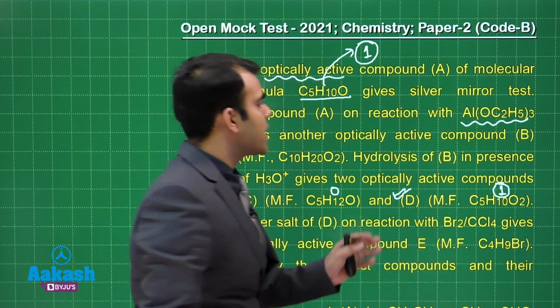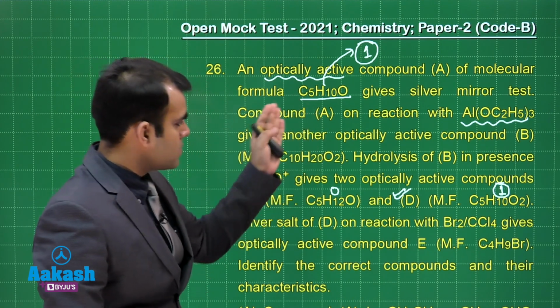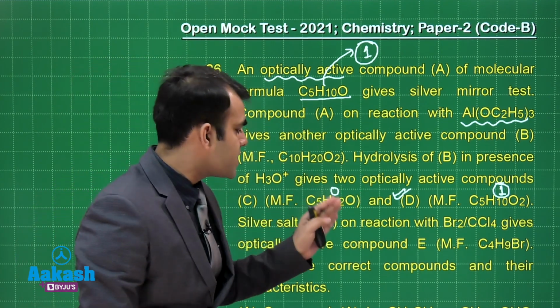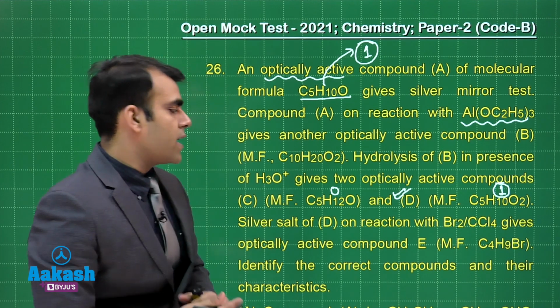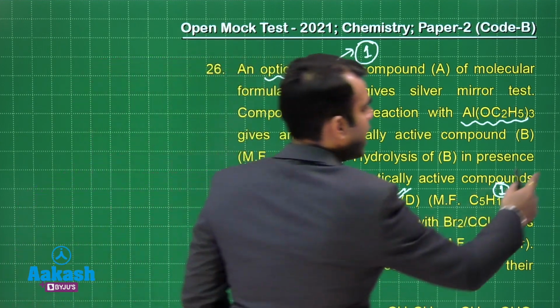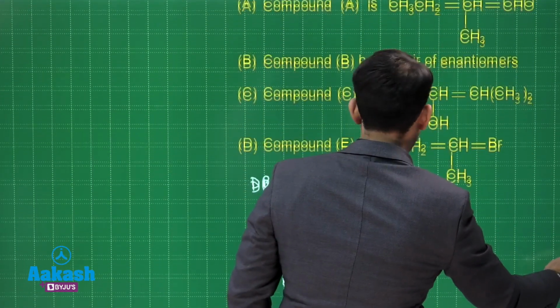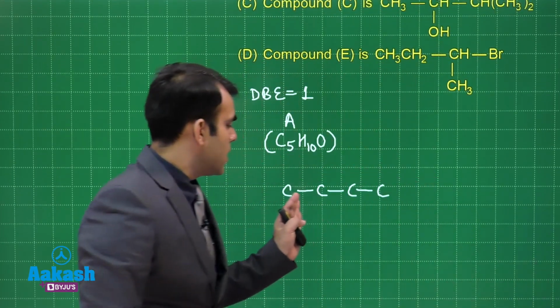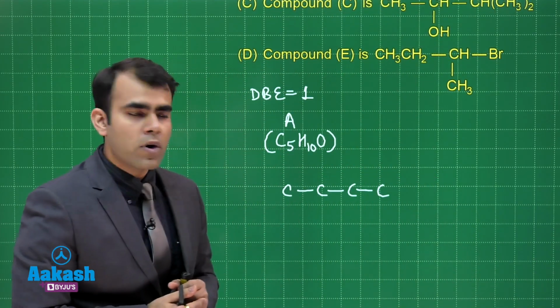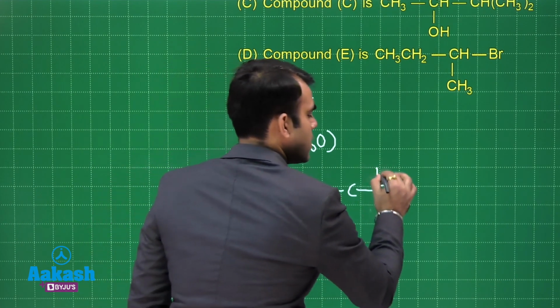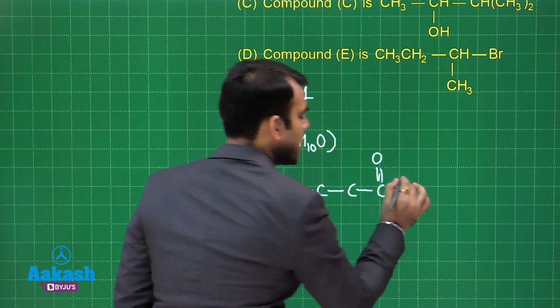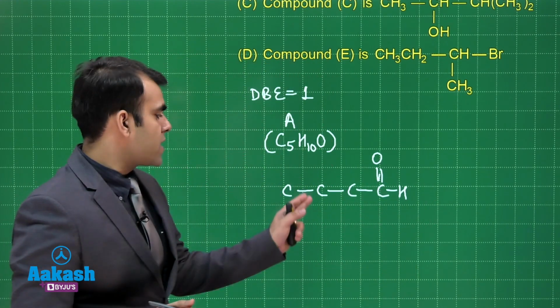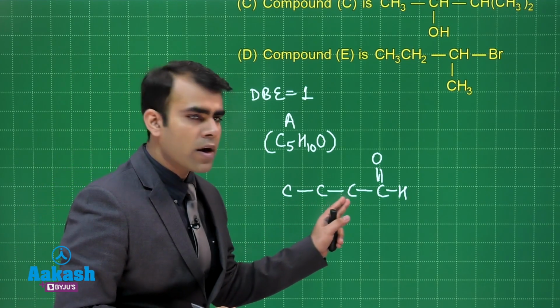Whatever compound is forming in this reaction, whether it is A that is given to us, B, C or D, all are optically active, and as A is optically active, it cannot be a straight chain. So, I have formed a 4 carbon chain compound. I am putting a carbonyl group here. Now, we have 1 methyl group. There is a possibility I can put the methyl here or here.